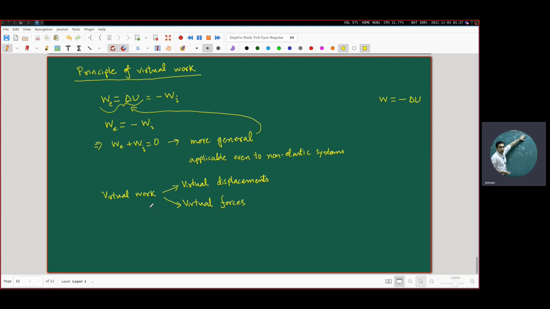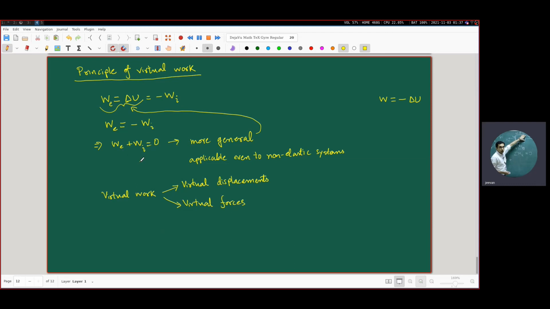Well, the principle of virtual work is just this statement again: external plus internal contributions together, using the virtual work. So the virtual work considering the external things, the virtual work considering the internal things, that together will be equal to 0.